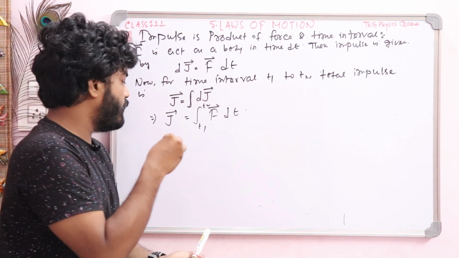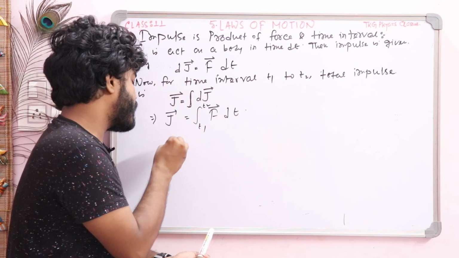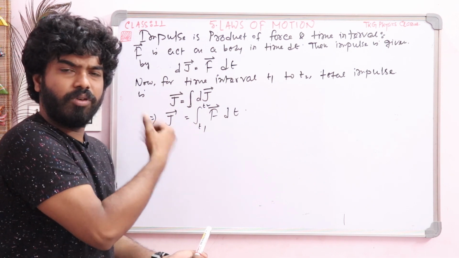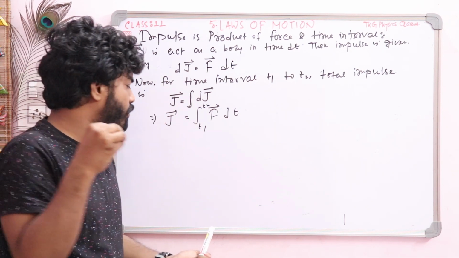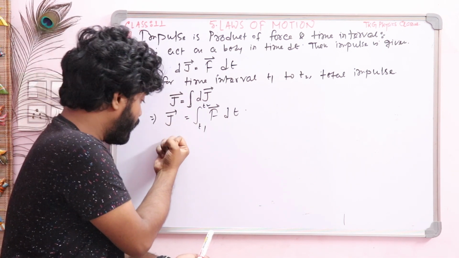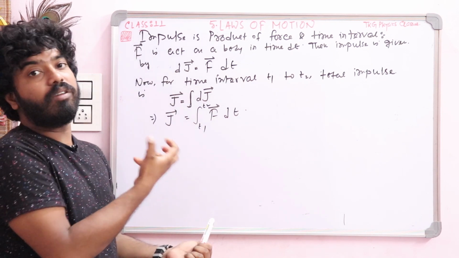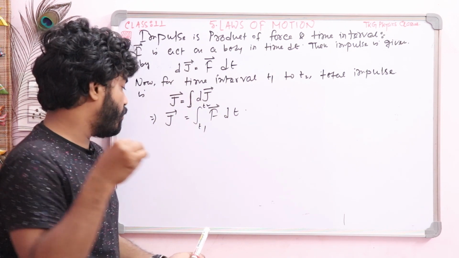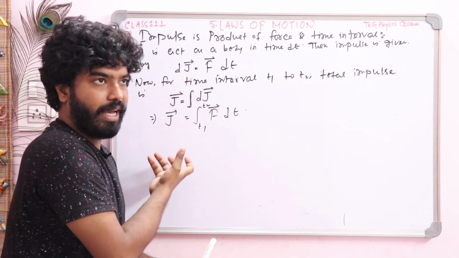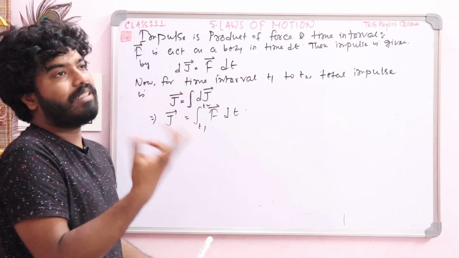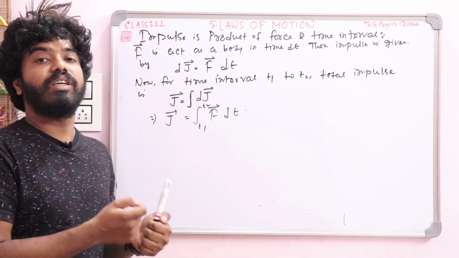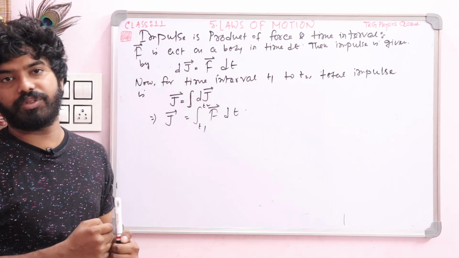Now the ball is going this way, and just when the ball hits this wall, the force is applied and the magnitude of force increases. Now when the ball returns back, the magnitude of force decreases. So initially force is 0, when the ball hits the wall, force is applied, and when it returns back, the force decreases. So in general here we use the average value of force.